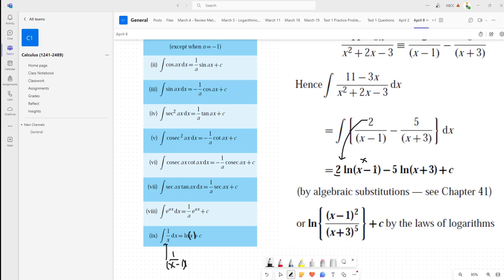If that makes sense, then you can probably see that this one here is 5, so our 5 again comes down in front, and then we have an x plus 3. Our x plus 3 is our function of x, so we have ln x plus 3. All right, so our final equation here is 2 ln x minus 1 minus 5 ln x plus 3.